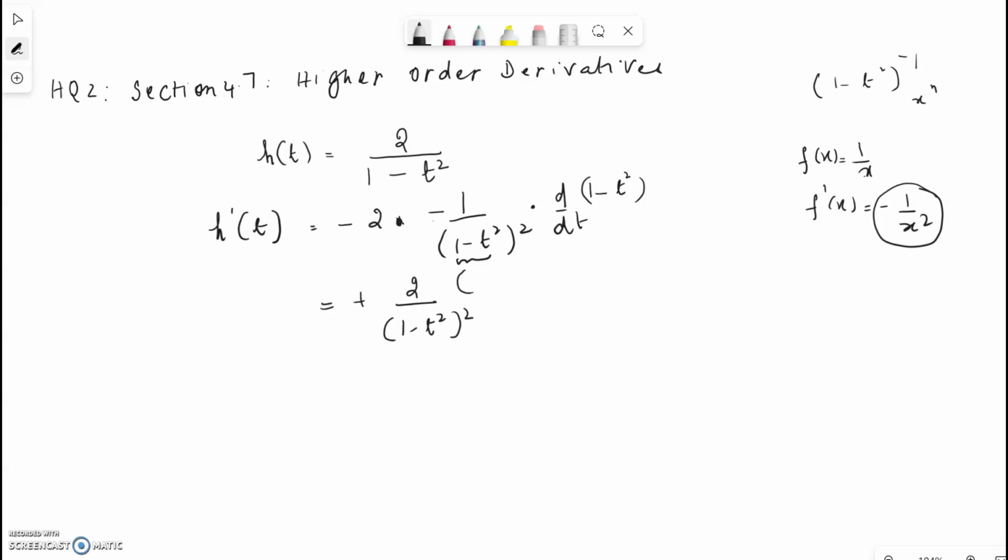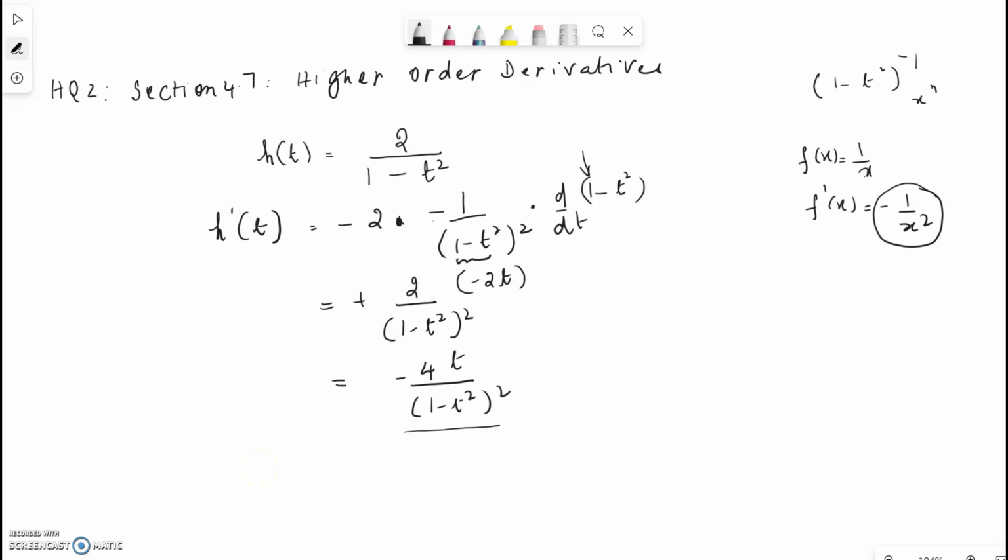And then we multiply it with the derivative of 1 minus t squared, which is negative 2t, because the derivative of 1 is equal to 0. We simplify this to get negative 4t divided by 1 minus t squared the whole squared. And that is h prime of t. So we've simplified it completely.